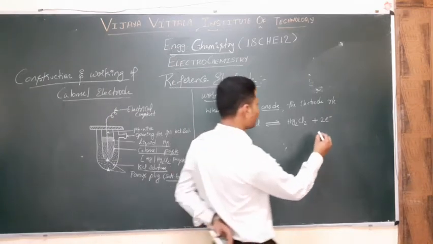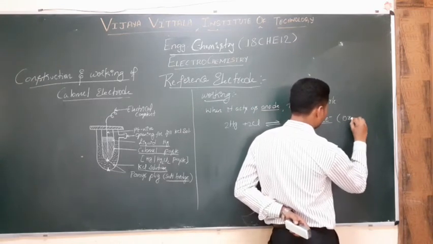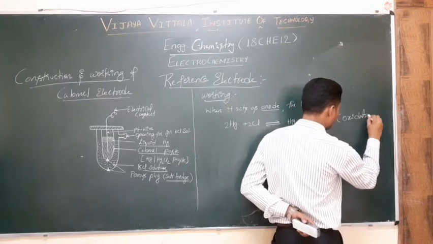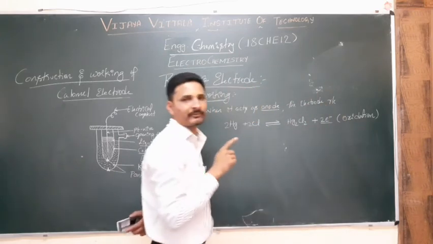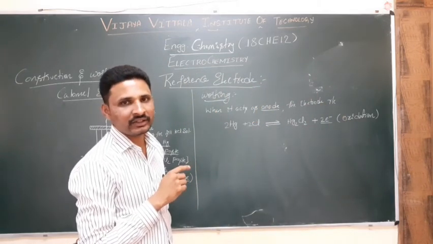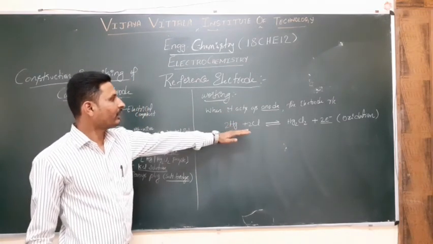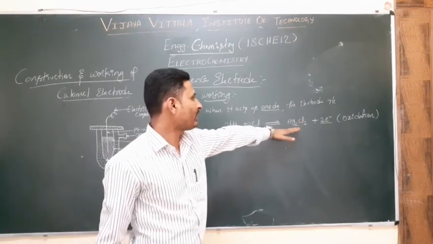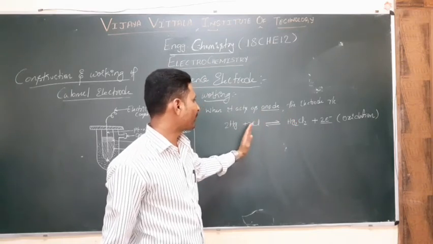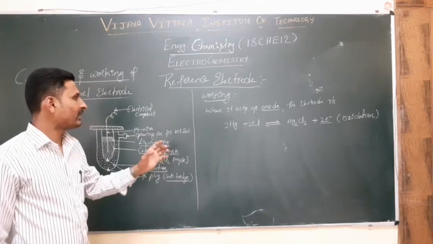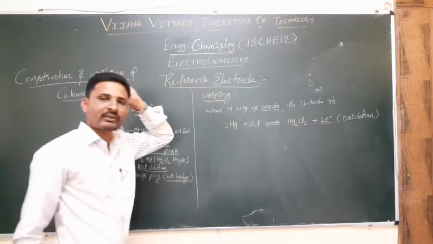Here we can observe it liberates electrons, that is an oxidation. When it acts as anode, it undergoes oxidation, right? So this is the anode reaction.